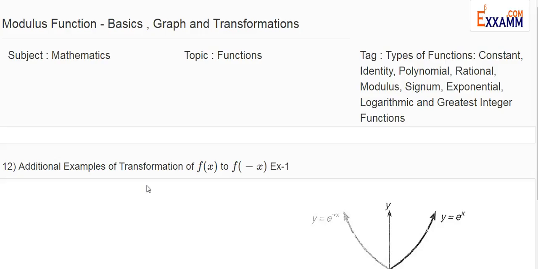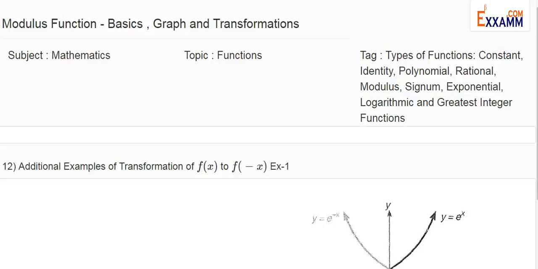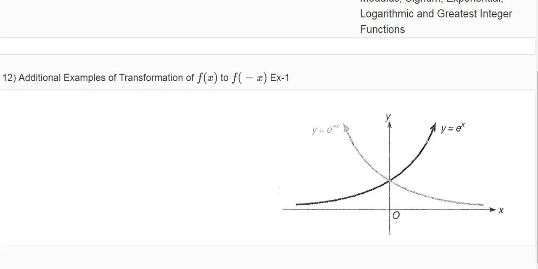But in this case we are considering the graph of y is equal to e to the power x and transforming it to y is equal to e to the power minus x. So as is clear, this is the graph of y is equal to e to the power x. Now what would be the graph of y is equal to e to the power minus x?